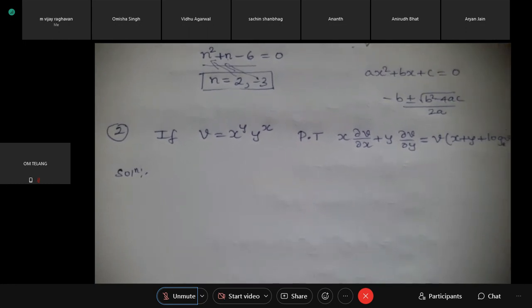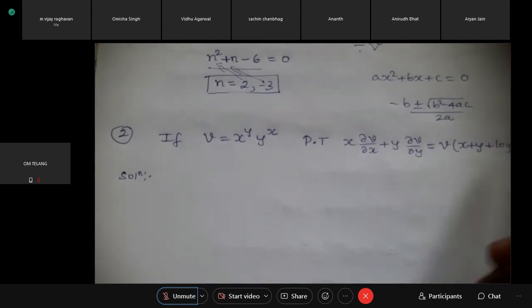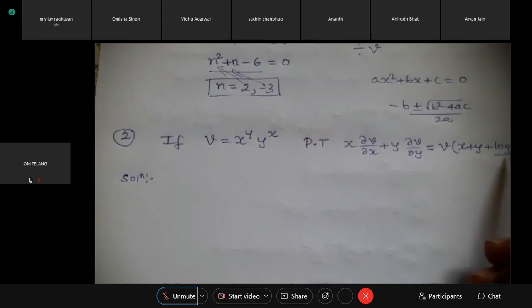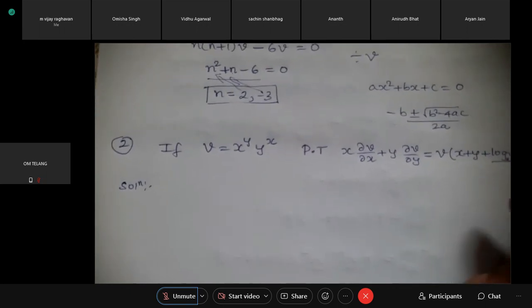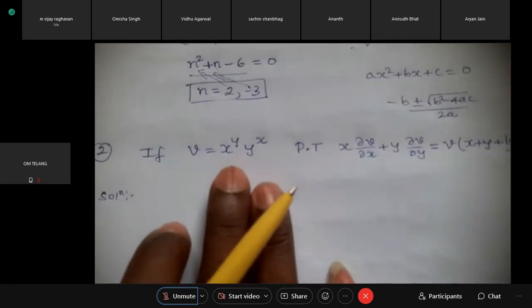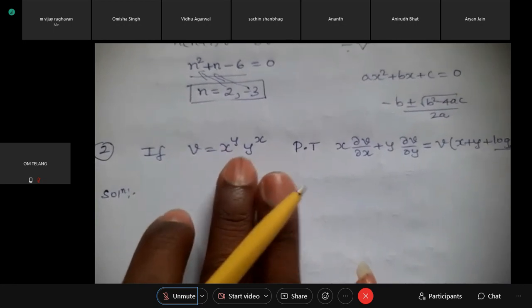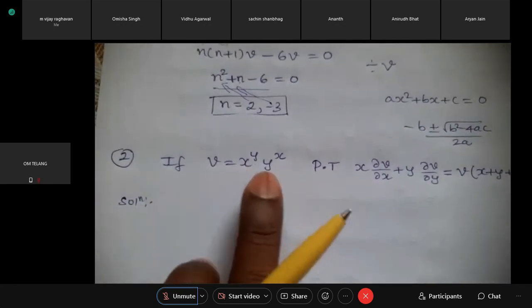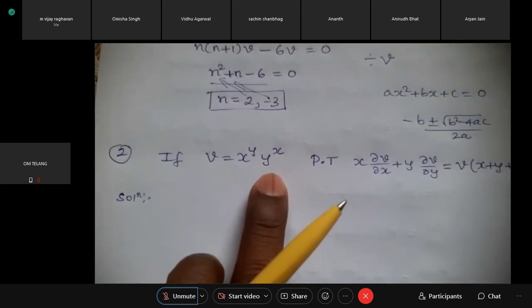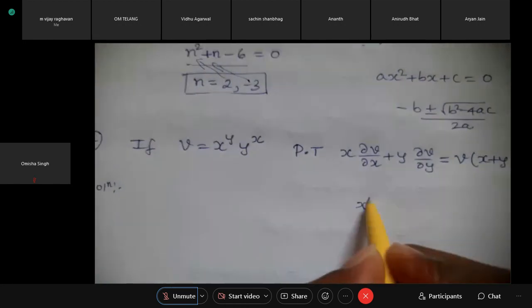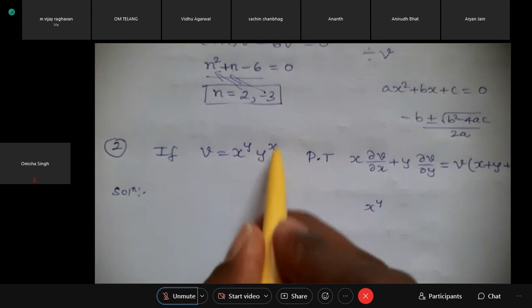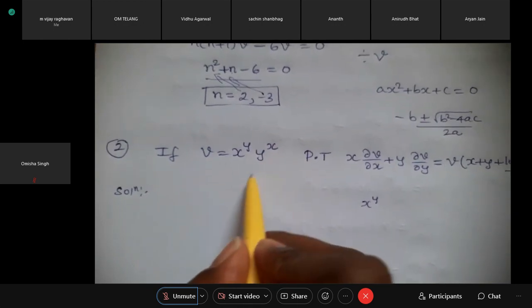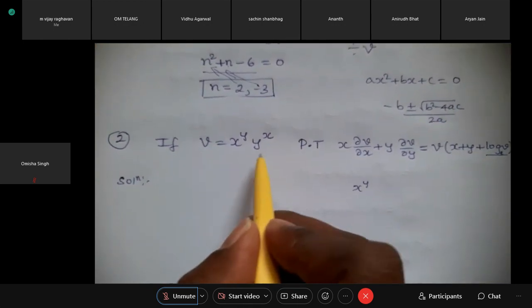X and y. So in the question it says that you are supposed to have some logarithmic v. Now, if I just differentiate as it is, is it going to be complicated? Complicated in the sense, you're going to use product rule. How do you differentiate x power y into y power x when you take this with respect to x?